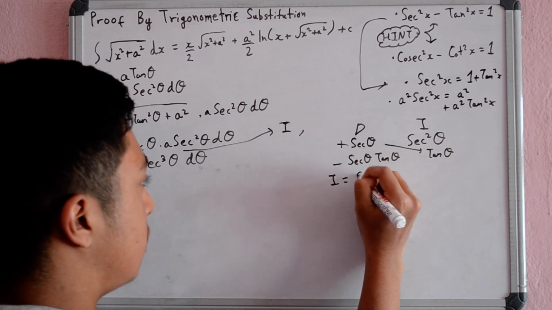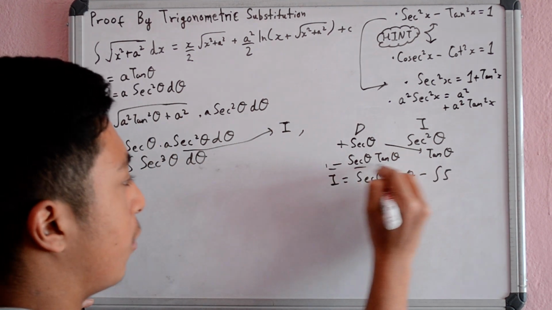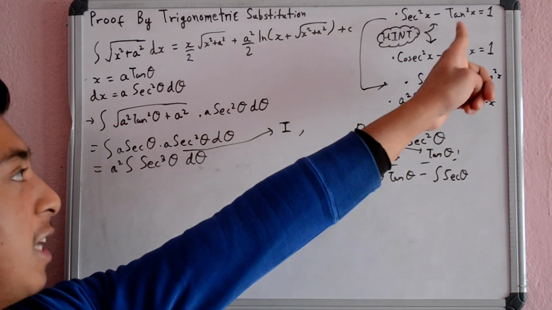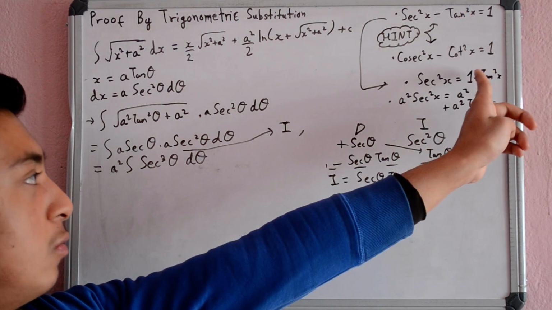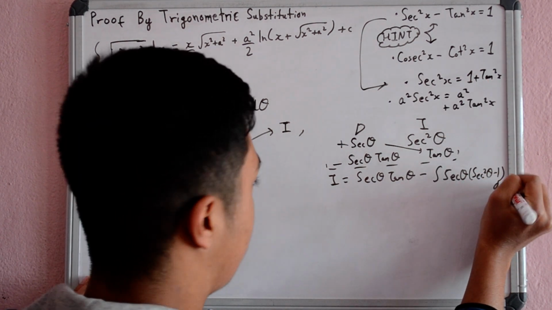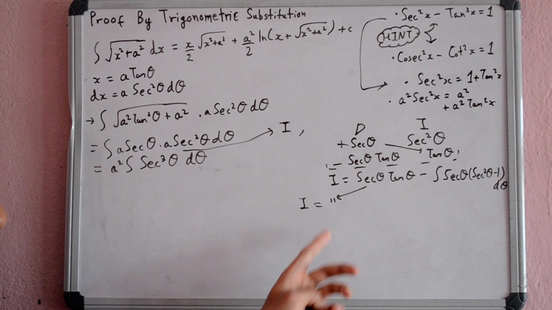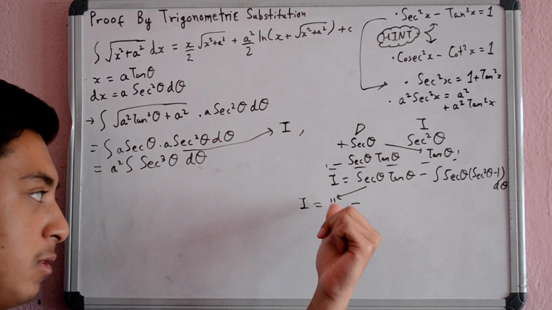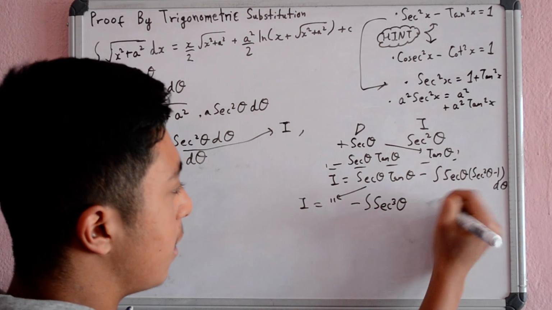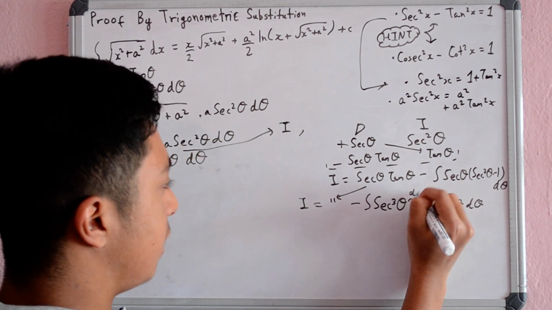So I equals sec theta tan theta minus the integration of sec theta into tan square theta. But we know that tan square theta will be sec square theta minus 1 d theta. So I equals this part right here, I'll just put a prime, and this will be the integration of sec cube theta, minus minus plus the integration of sec theta d theta, here also d theta.